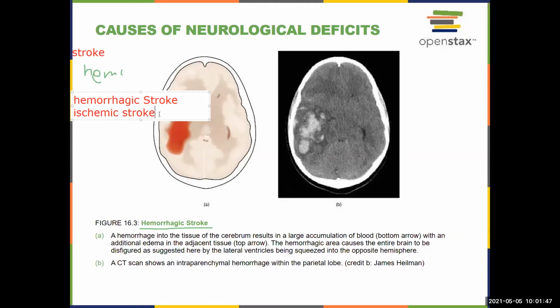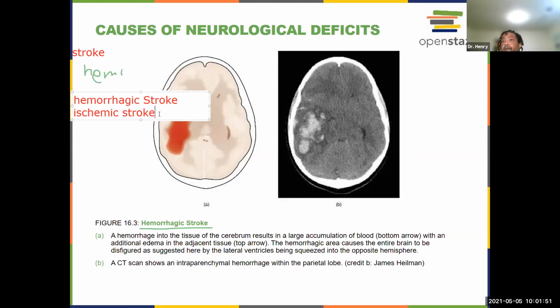So one causes more damage than the other one? Yes, the hemorrhagic. The word hemorrhagic basically means rupture or blood. So a hemorrhagic stroke is when you're bleeding into your cranial cavity, and that's causing pressure.